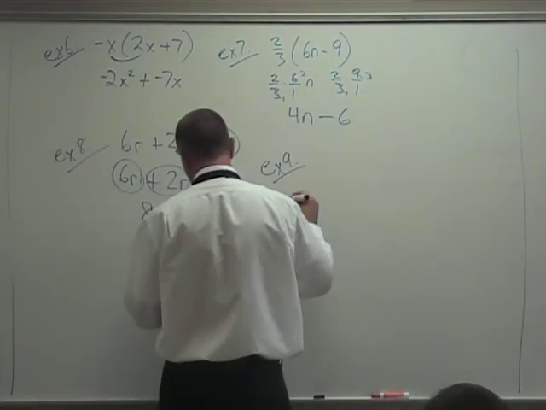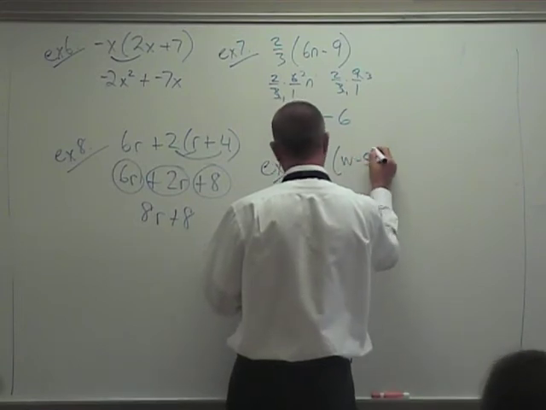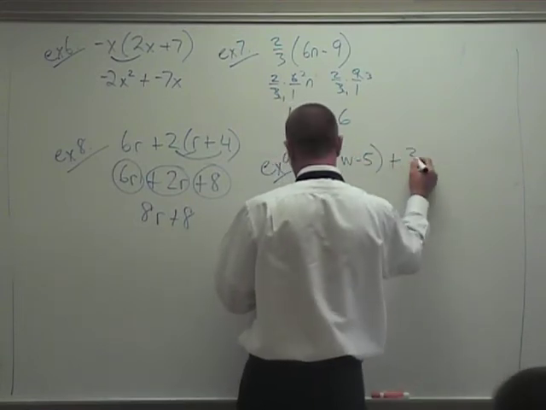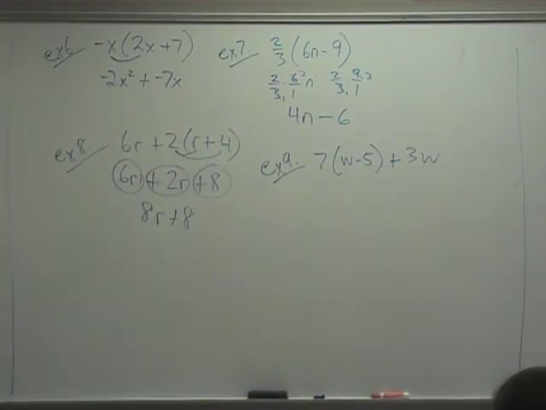Alright, let's see if we can do this again. Example 9. 7 times the quantity w minus 5, quantity closed, plus 3w. Let's see if you can get this one right. 20 seconds.